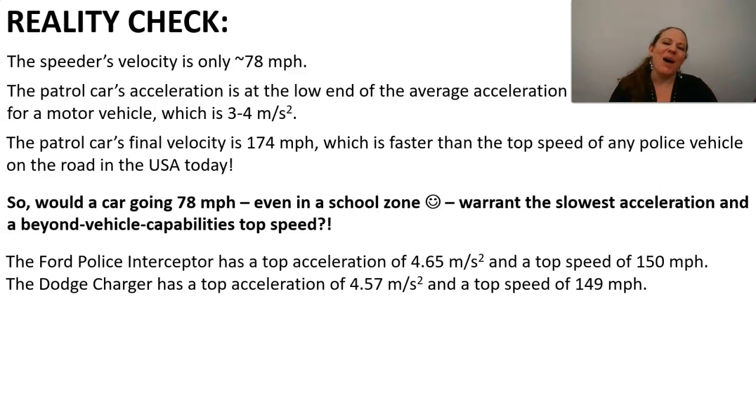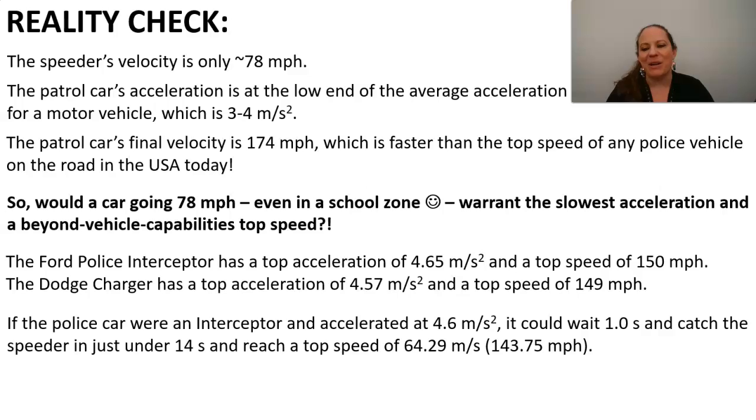So you can look up the times that it takes the top 2 police vehicles in the U.S. to go from 0 to 60 miles per hour. The Ford Police Interceptor has a top acceleration of 4.65 meters per second squared and a top speed of 150 miles per hour. And the Dodge Charger has a top acceleration of a little bit less, 4.57 meters per second squared, and a top speed of 149 miles per hour.